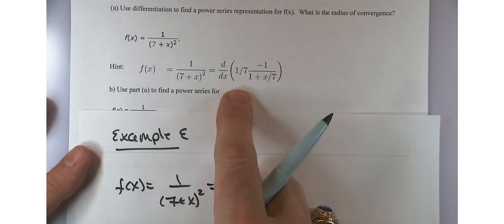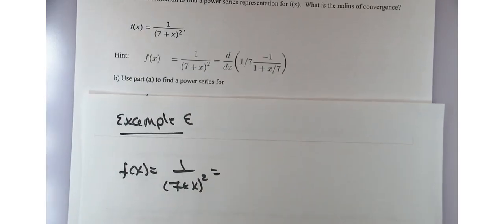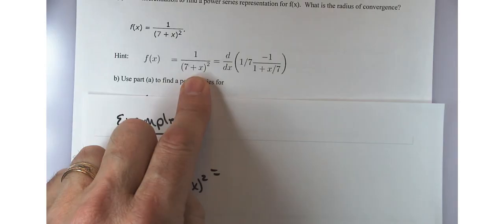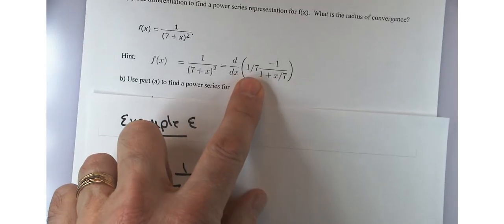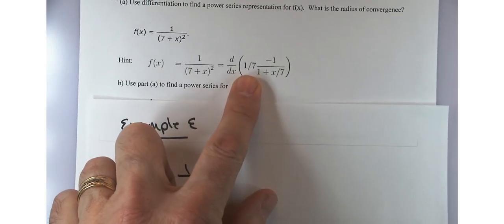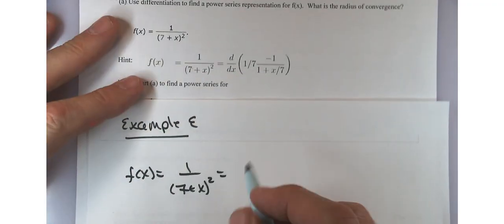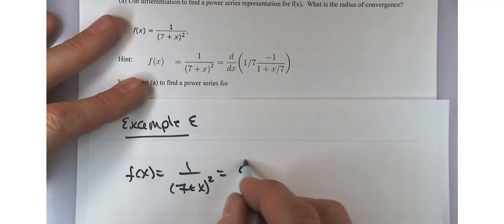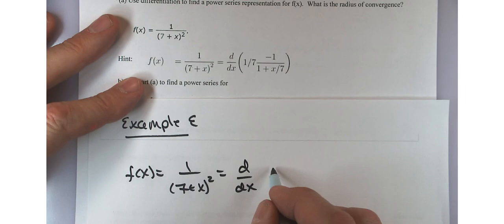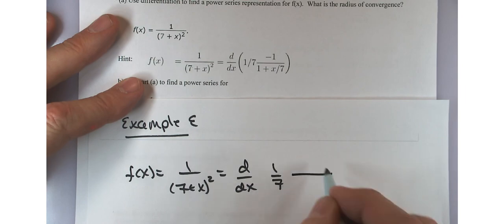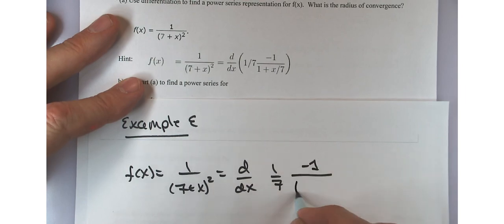Now I had to do this work for you ahead of time. That is, integrate this to see what this integrated to, and then I rewrote it in such a fashion that we can plug it in for a series. So that's going to equal the derivative of 1/7 times -1 over 1 plus x over 7.